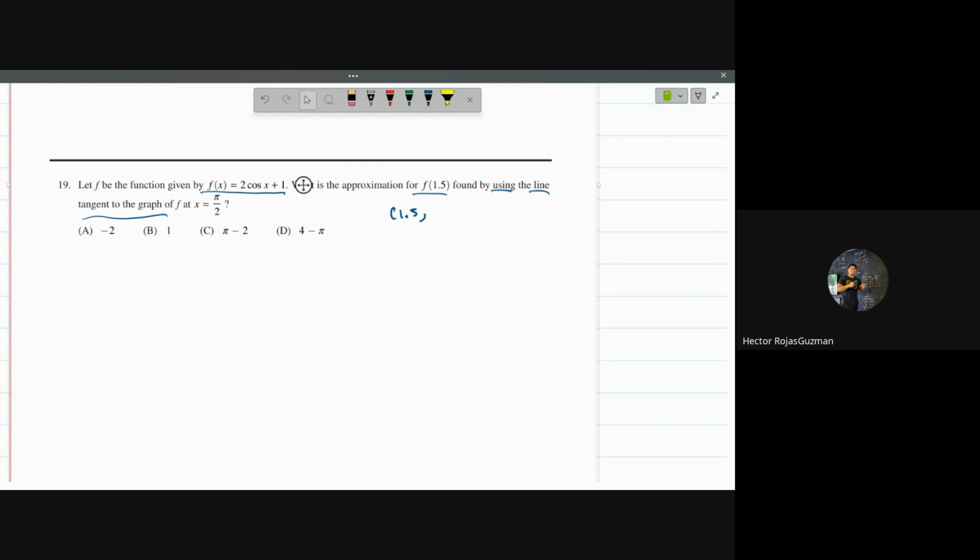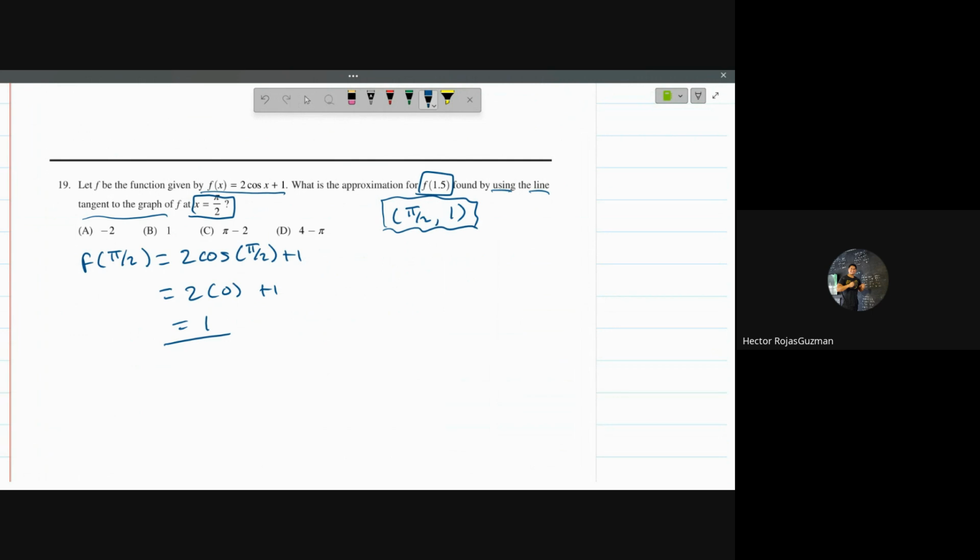No, I read that wrong. We do want to figure out the approximation for f of 1.5, but our x-coordinate is pi over 2. So we have pi over 2, comma. Let's go ahead and find the y value. F of pi over 2 is equal to 2 cosine of pi over 2 plus 1, which is 2 times 0 plus 1, which is 1. That's your point.